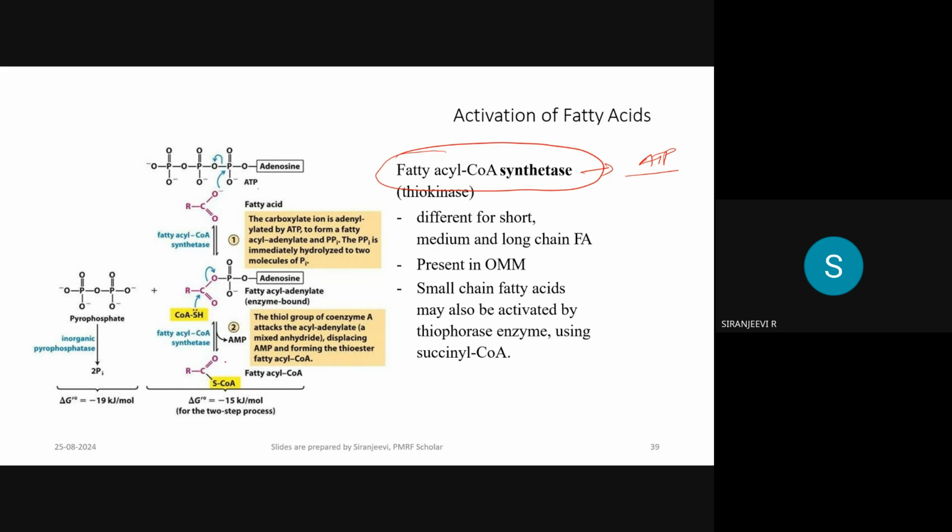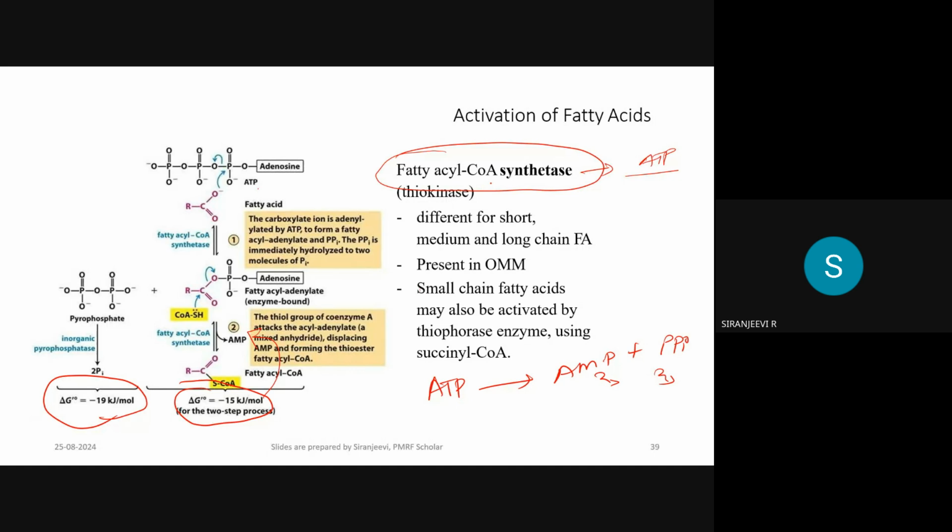So here, the ATP will be converted into AMP and inorganic phosphate. The hydrolysis of the pyrophosphate gives a large negative delta G, which is free energy that helps in the activation of the fatty acids.